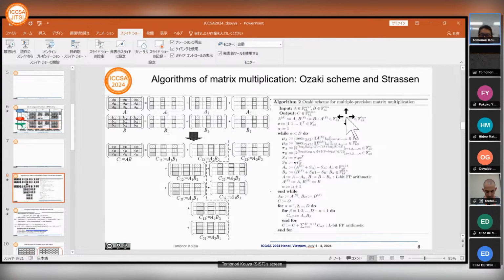We cannot show the Strassen matrix multiplication figure because it is hidden, but the Strassen matrix multiplication is a standard one of the divide and conquer algorithms that can reduce the number of arithmetic operations. The Ozaki scheme also reduces the number of arithmetic operations by using division of long precision matrix elements A and B like this.